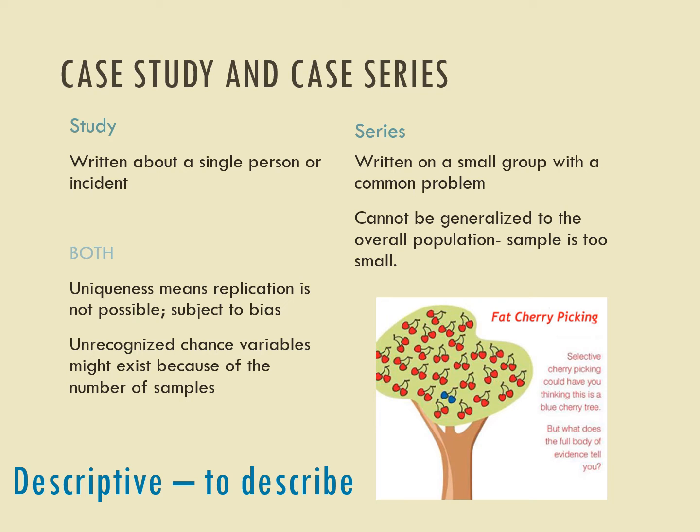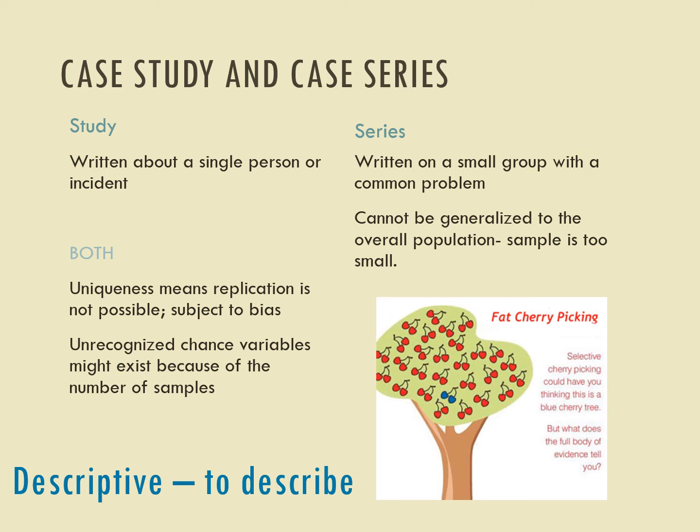If we're studying a disease or an incident that occurs once in 10 million people, well, it's going to be pretty hard to study someone else, right? Which means that whatever conclusions we make about the case or the series are going to be subject to bias. Whoever the researcher is going to make certain assumptions, and we will be unable to determine if those are correct.